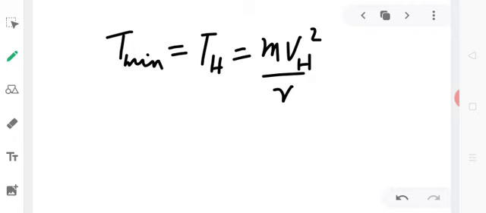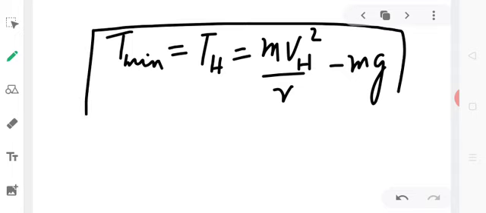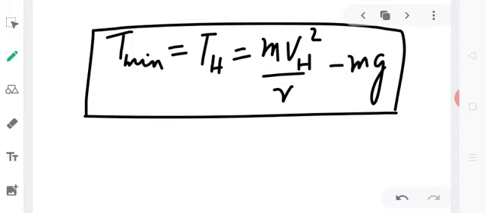Let the velocity at the highest point be vh. So obviously we get m vh square by r minus mg, since cos theta has a value of minus 1. This is the value of minimum tension.